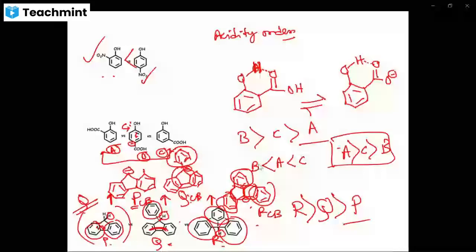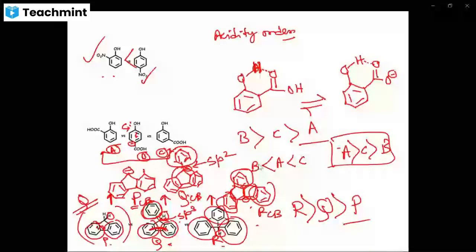For Q, you can see these two rings are in the same plane, right? So they are in conjugation in the ground state also. But this ring is not in conjugation with them because here you have an sp3 center, right? But when it goes to the conjugate base form, this center becomes sp2, and all the three rings now come into conjugation with one another.